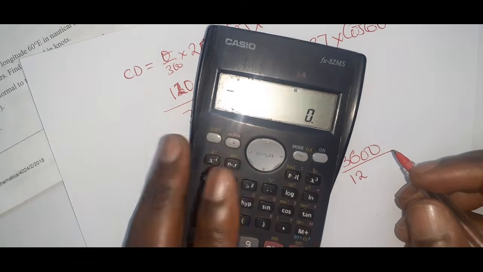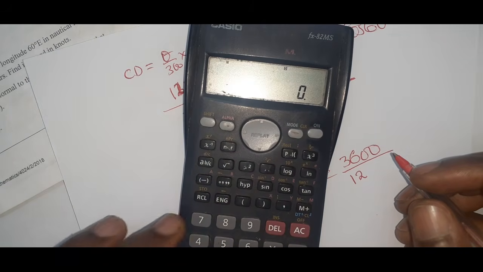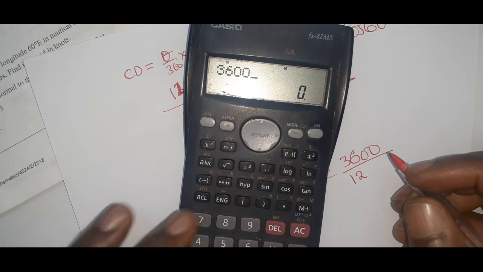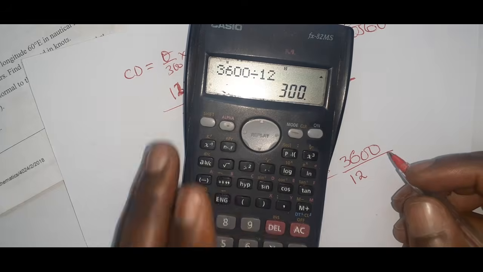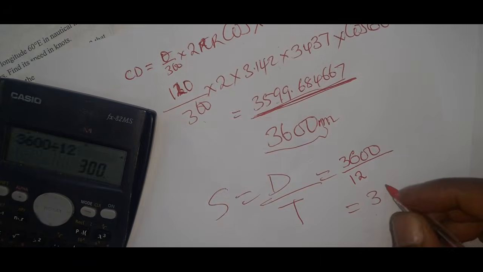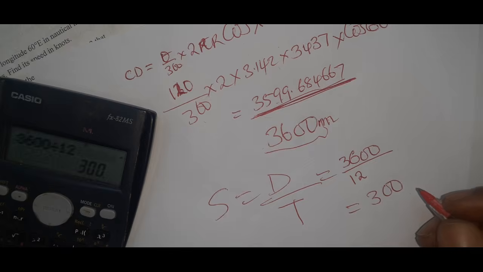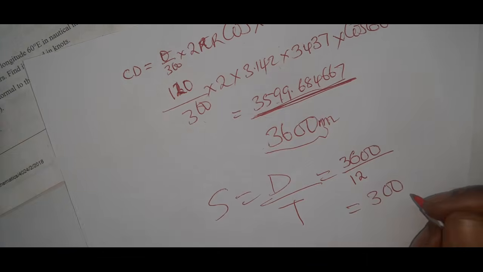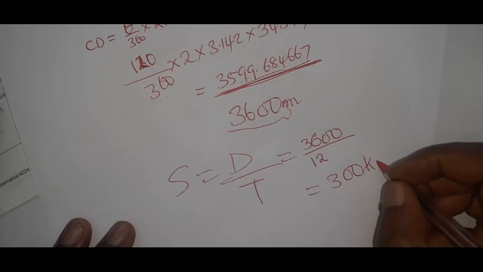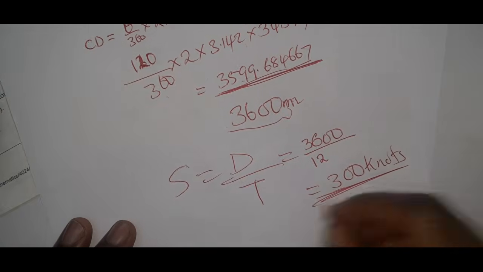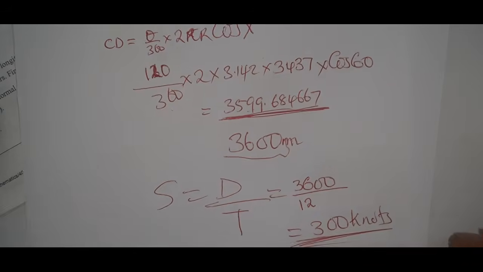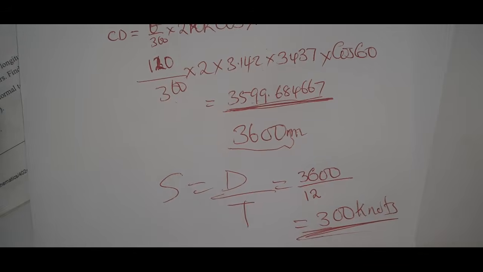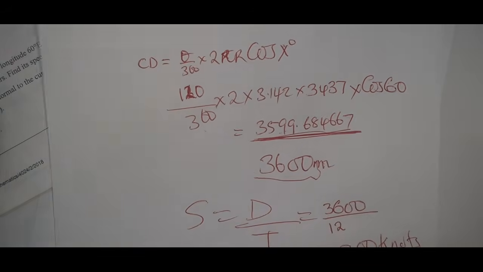You see, 3600 divided by 12, so we're going to get 300 knots. So this is what is going to be our answer here. Let's move on to part B.